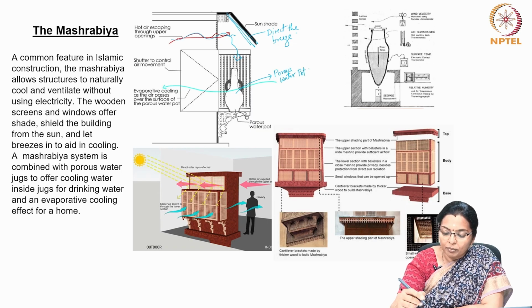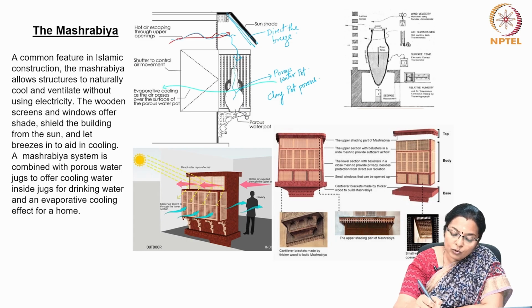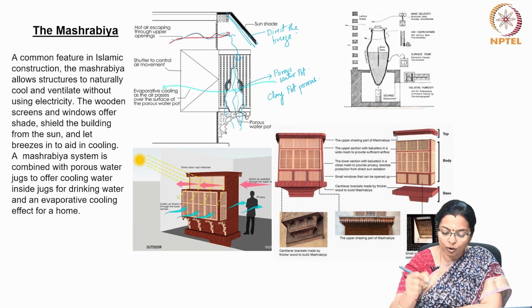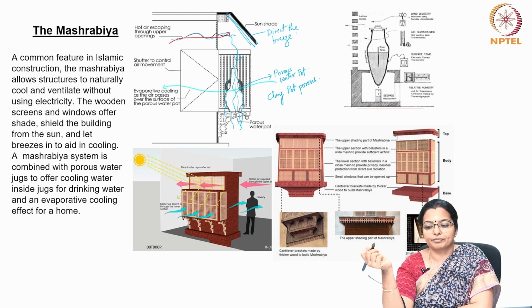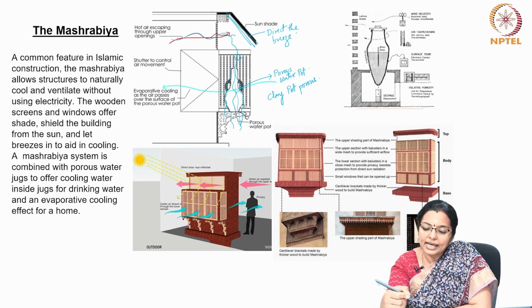So, a clay pot is kept filled with water and it is porous. The breeze flows either through the pot or over the pot. It flows over the pot and comes down. Now, this can happen in multiple ways, depending on the way the pot is placed.